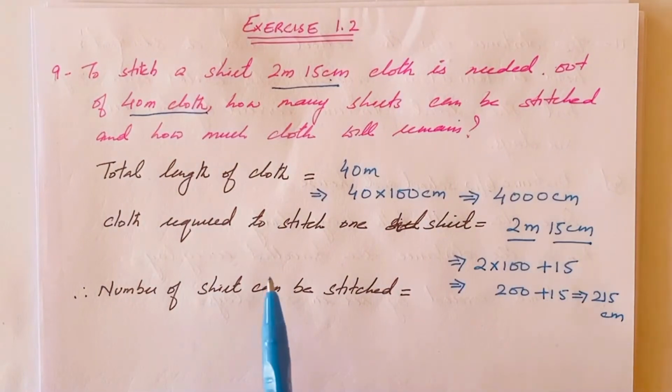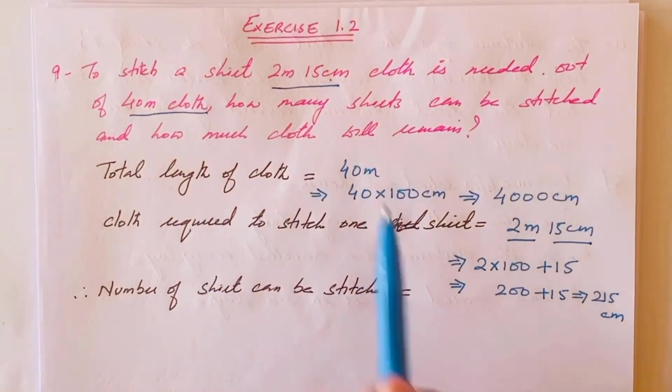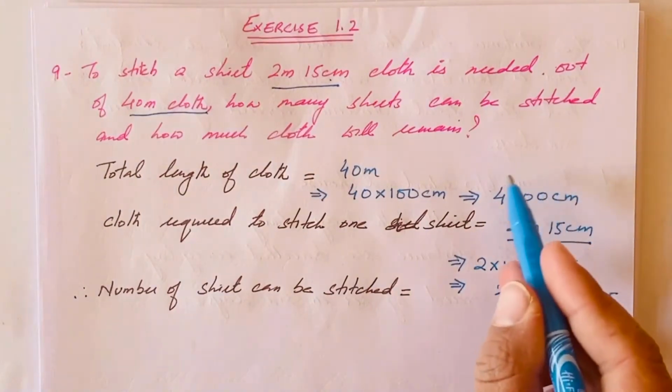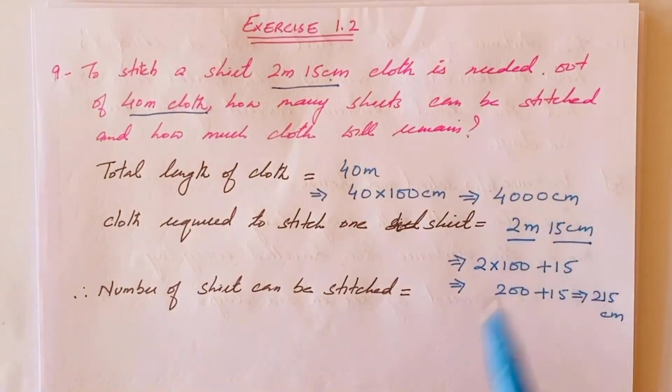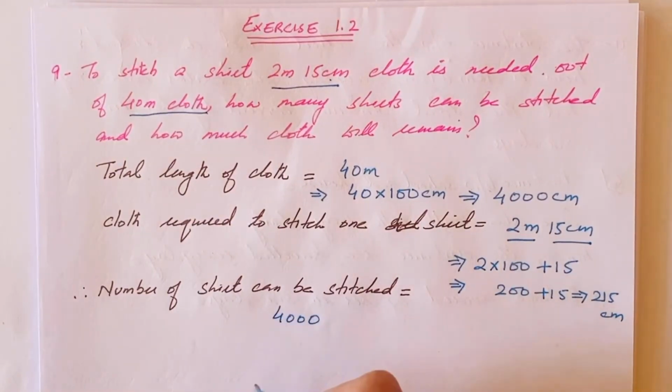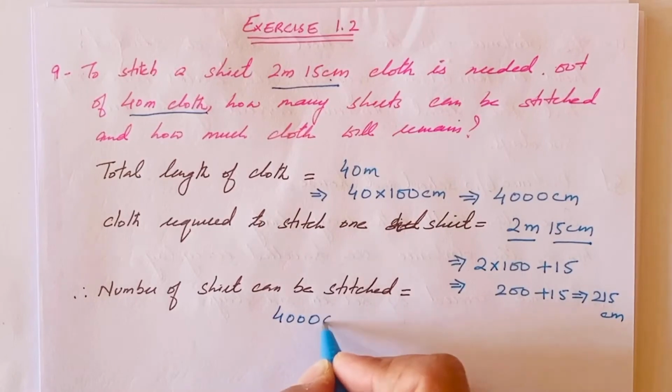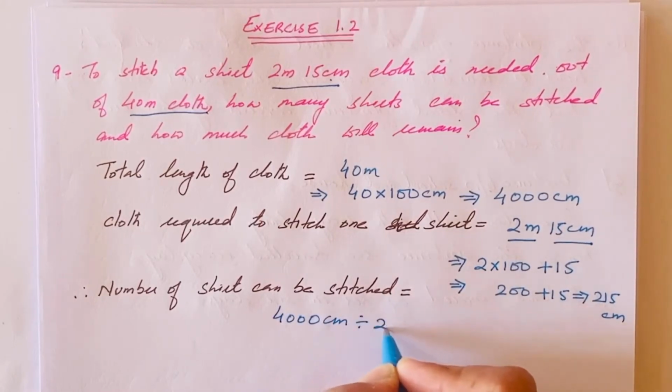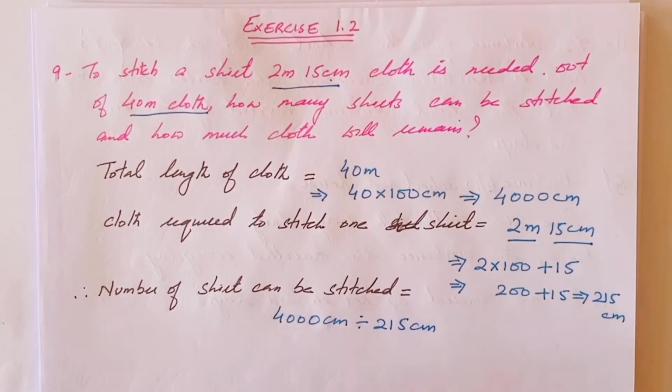Now you have to find how many shirts can be stitched from this much cloth. Number of shirts that can be stitched equals 4000 centimeter divided by 215 centimeter.